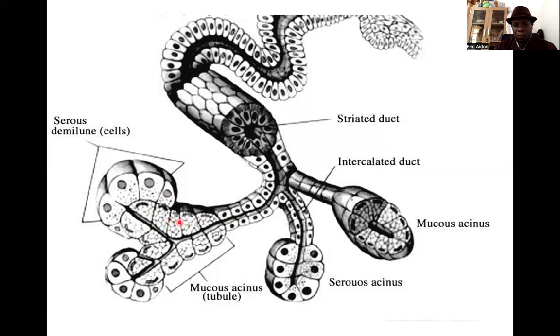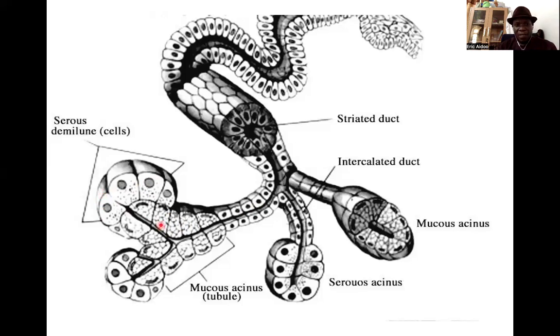Mucous secreting cells, and then portions of it also contain what? Serous secreting cells. And this is how they are arranged. You have the mucous ones closer to the duct, and then the serous ones usually cap or cover the ends of the mucous ones.